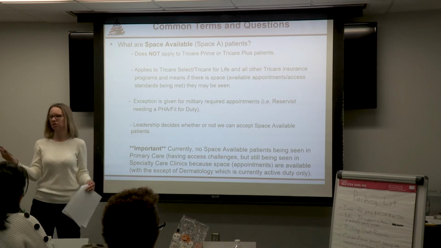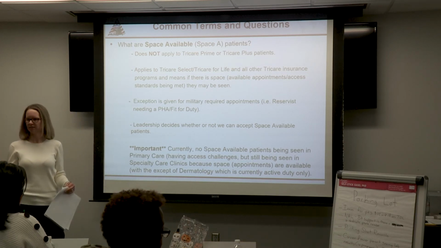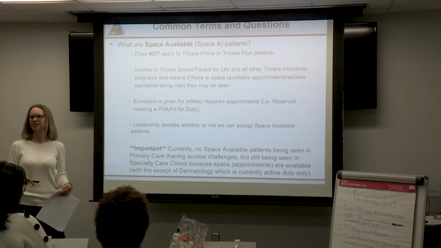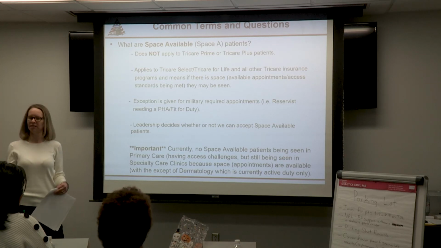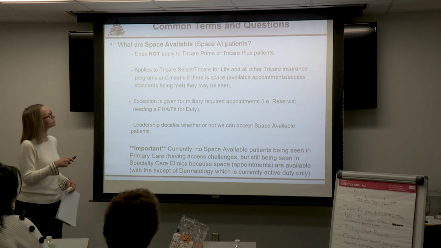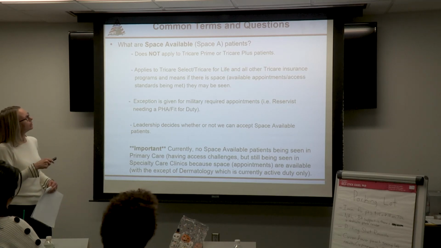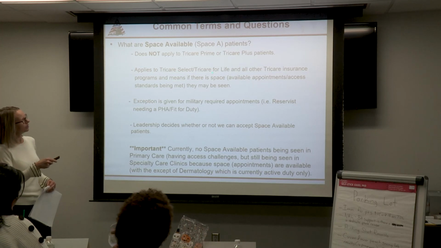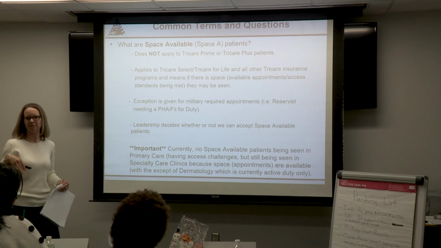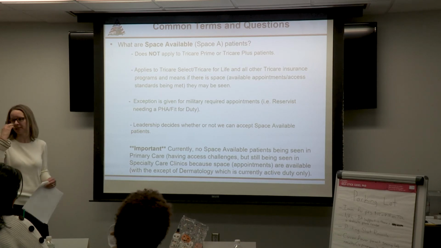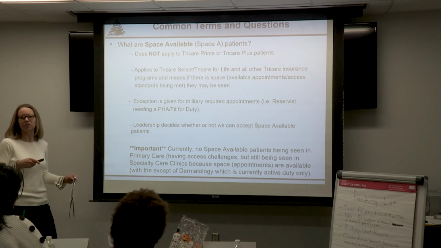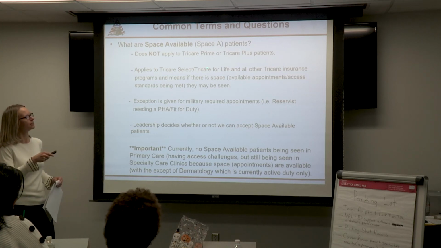However, we have some patients that are TRICARE Select patients. They're not assigned a PCM here, but in the past, they've been coming here and seeing our primary care providers, right? TRICARE Select, TRICARE for Life, other insurance programs all fall into that category. Maybe those patients have been coming here and seeing a PCM from time to time in our primary care because they like it here, but they haven't enrolled in TRICARE Prime or TRICARE Plus.